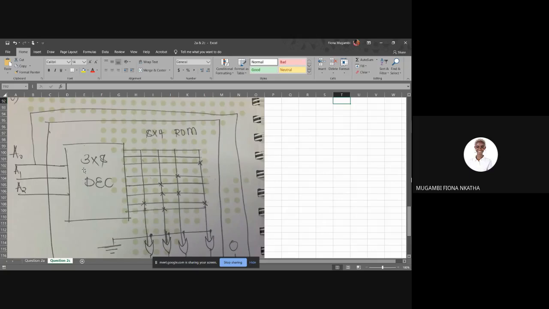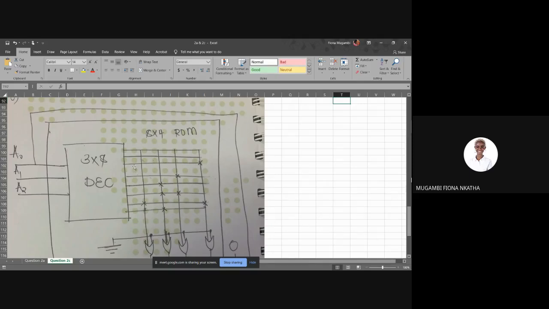I just want to take you through the thought process of how you know which decoder this is. Because it's an 8x6 ROM, when it goes to the decoder, it will have 3 inputs into the decoder and 8 outputs.